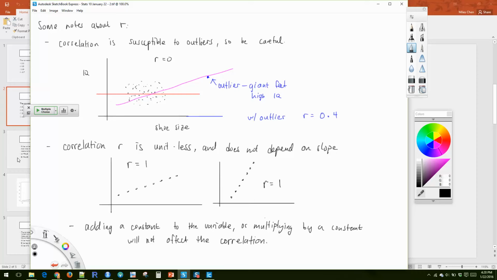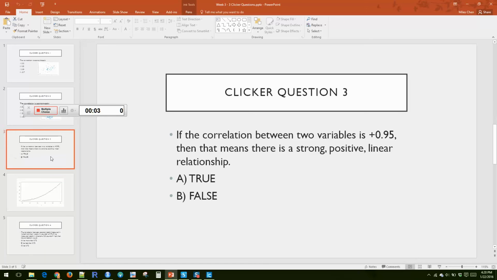All right, I got another question for you guys. It's question 3.